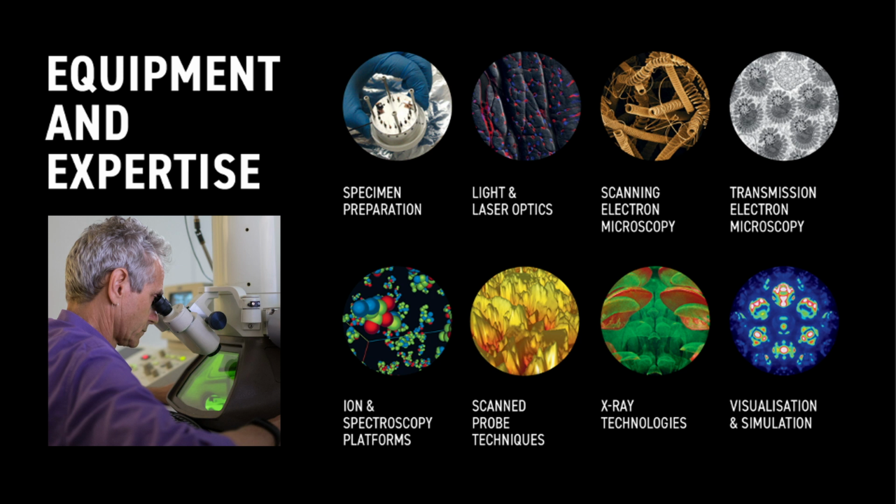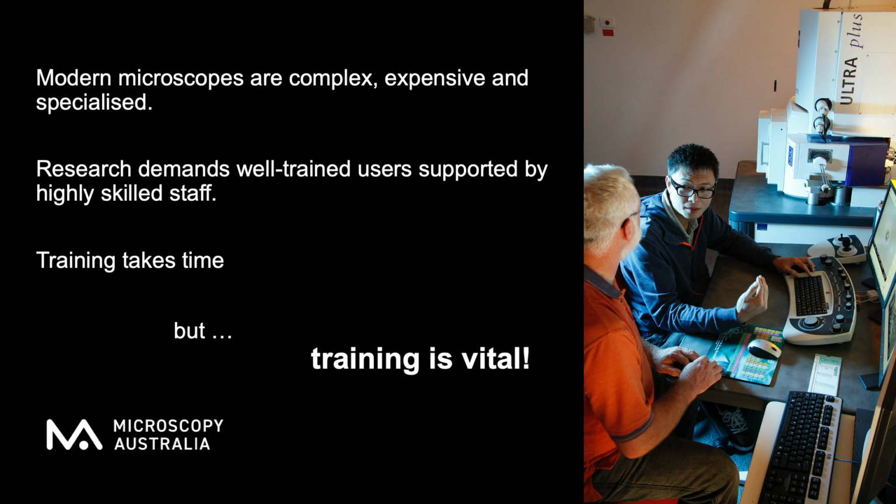Many of these techniques and instruments are common across many of our facilities, whereas others, such as some of the ion probes, atom probes, etc., are located in one or maybe two of our facilities, but everybody can access those. We also have great experts who really help our researchers who come to us to get the most out of their training.